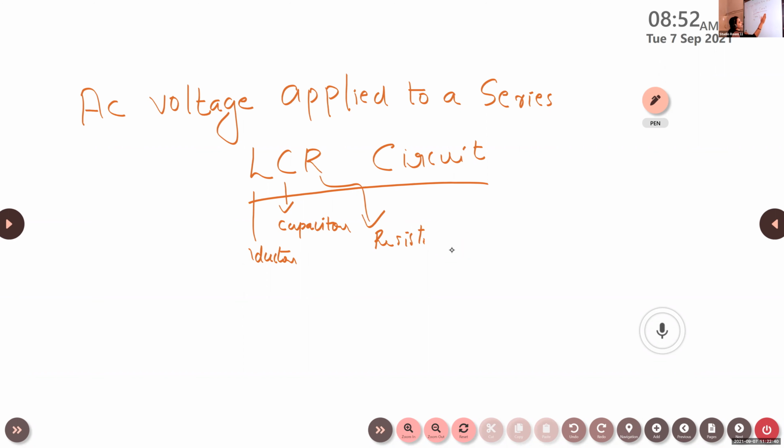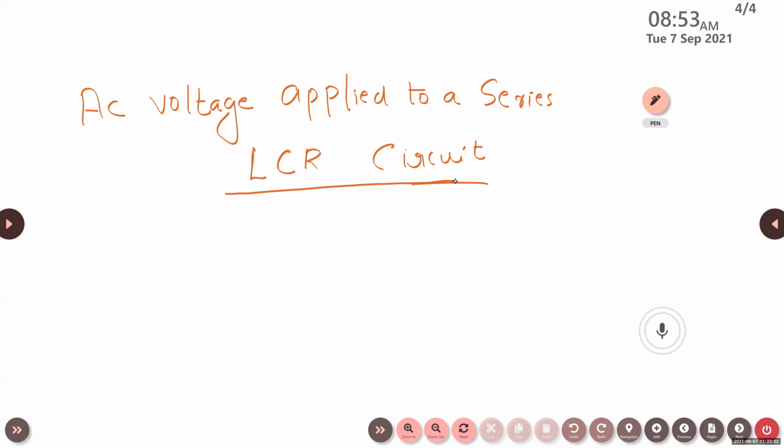So what is the symbol of inductor? How do we represent the inductor? What do you mean by inductor, Aditya? It is like a solenoid.